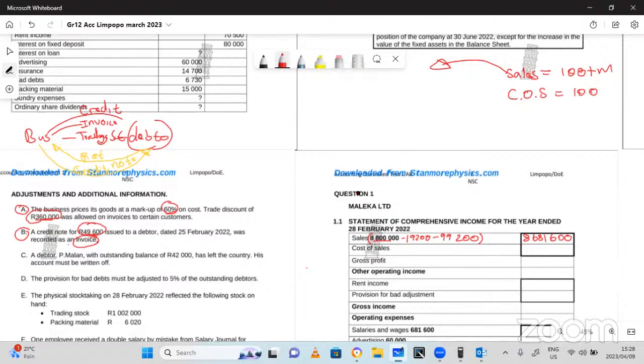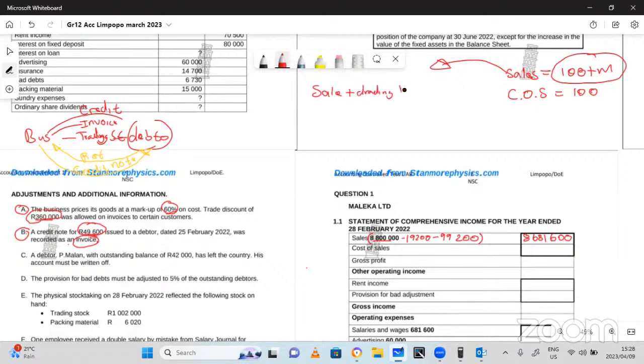When we are dealing with sales, in order for us to use this proportionality, you need to always take your sales and add back the discount. Remember, the trading discount, not the discount allowed, but the trading discount.